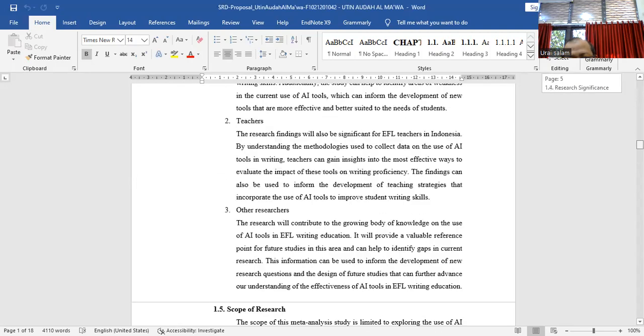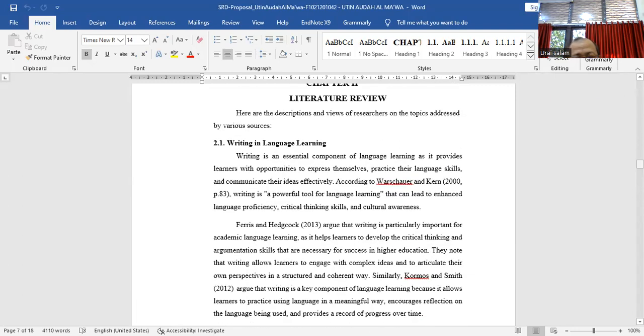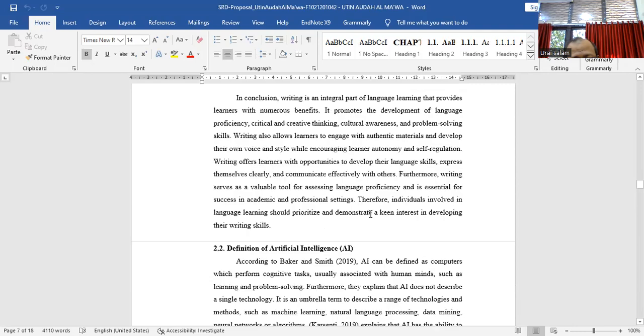So the literature review should start from AI, so artificial intelligence in ESL or EFL writing, something like that. So you have to focus on the writing. Do not open a broader spectrum.